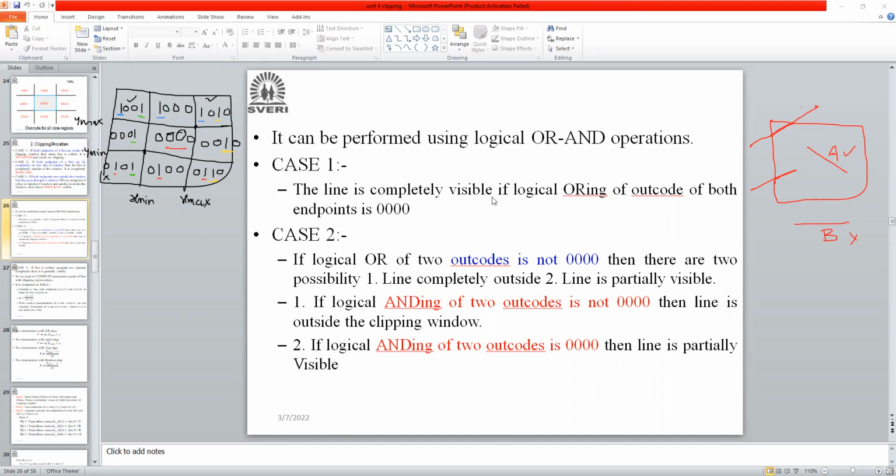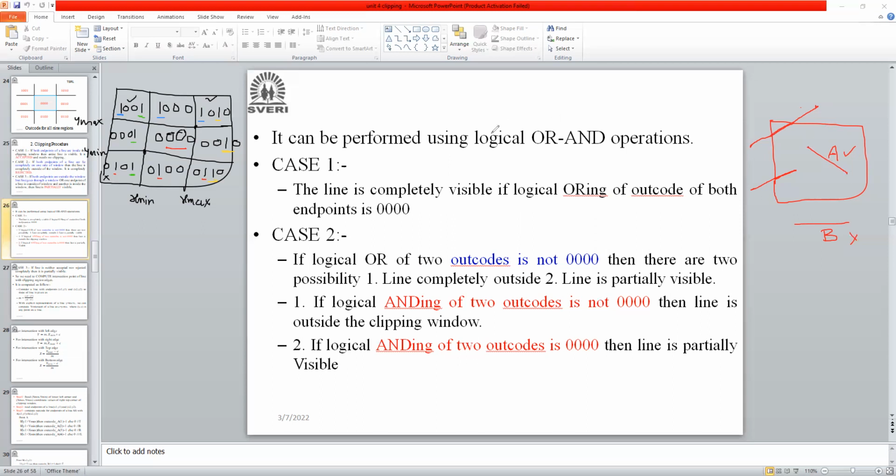The line is completely visible if the logical ORing of outcodes is 0, 0, 0, 0. So the endpoints of the line. This same example I will take, that line A has two endpoints which are lying inside the clipping window.